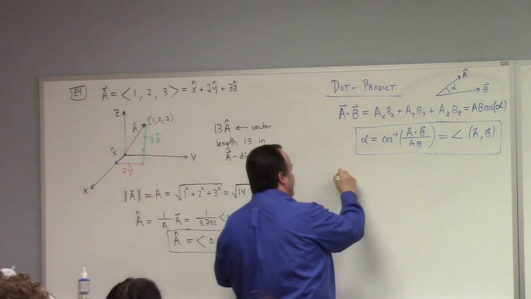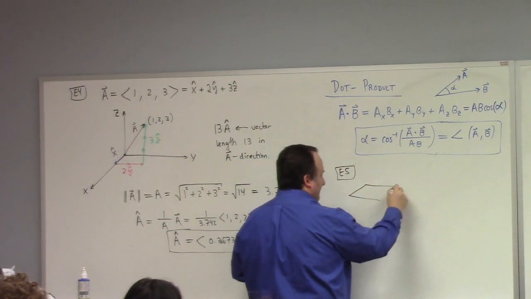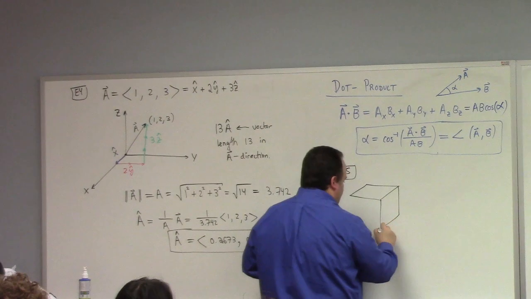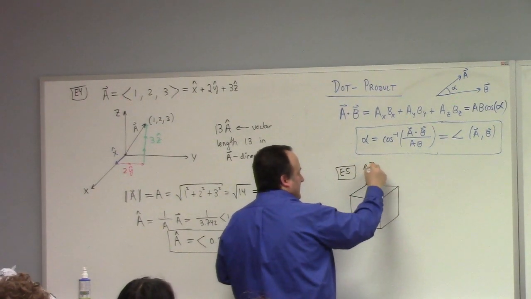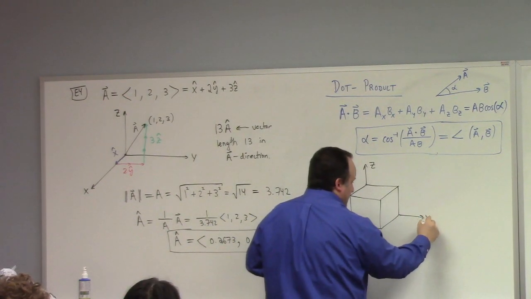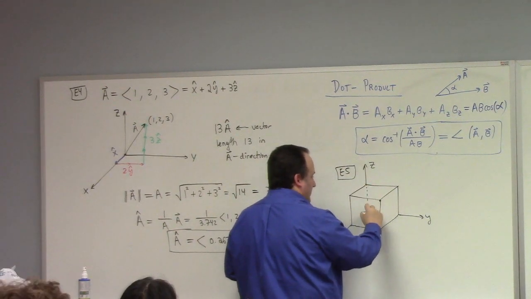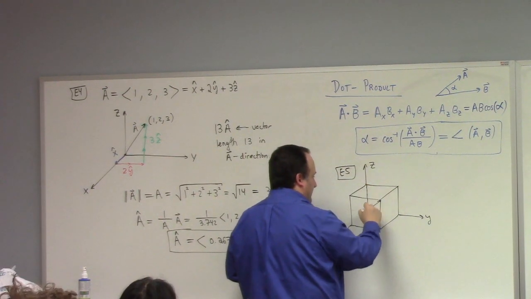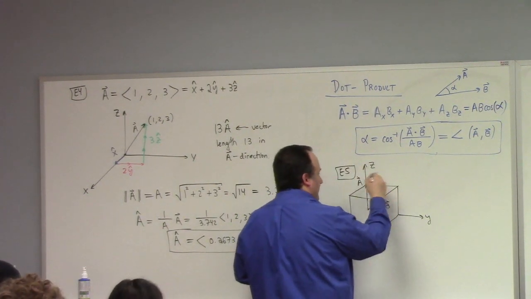So here's one. Actually, it's not that nefarious, but suppose you got a cube. If you've been in my Calculus 3 class, you're not allowed to participate right now. And this cube I'm going to center at the origin. My question is simply this. If we look at the origin, and we look at this vector here and this vector there, say this is vector A and this is vector B. We'll make it a unit cube.